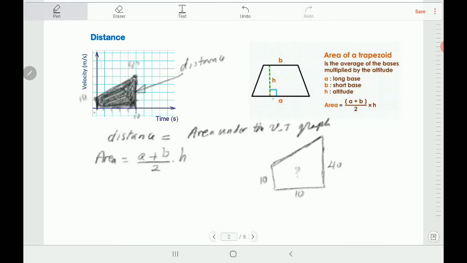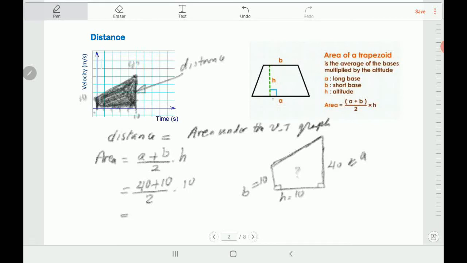A is the long base, which is equal to 40, right? So that's our A. And that is our B, the short base, and that's our height. It's perpendicular, okay? So when you substitute, A is equal to 40, and B is equal to 10, over 2, multiplied by H, the height, which is equal to 10.